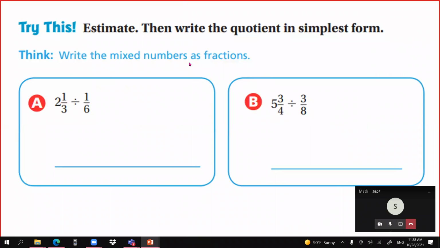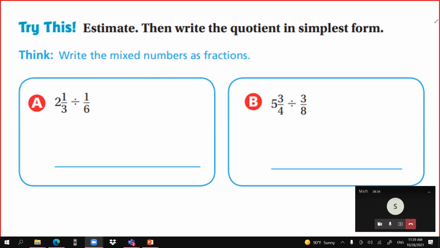Now, here, 2 and 1 over 3 divided by 1 over 6. Jana Amjad. Jana? Are you here? Jana Amjad.